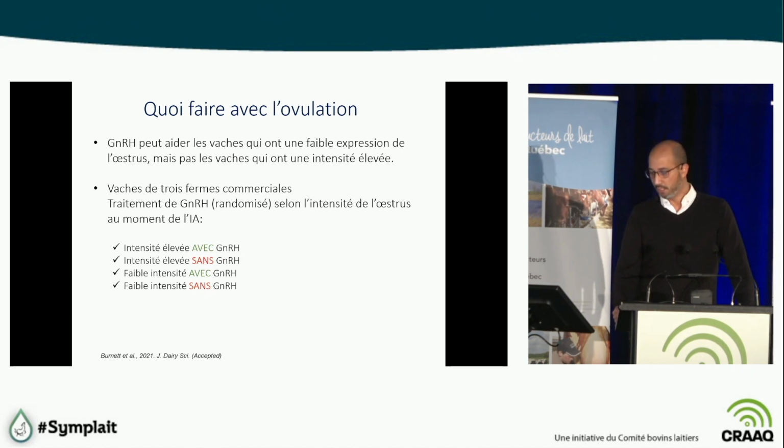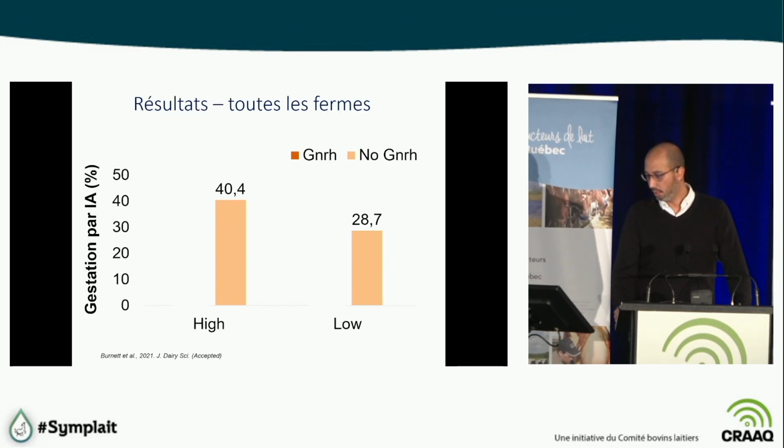So we split the cows. We created groups of high and low estrus intensity. We verified which animals were high or low in spontaneous estrus, and we randomized them into yes or no GnRH. We did this on 3 farms in BC, and, no surprise, in another experiment we again saw that 10 to 12 percentage unit difference between high and low.